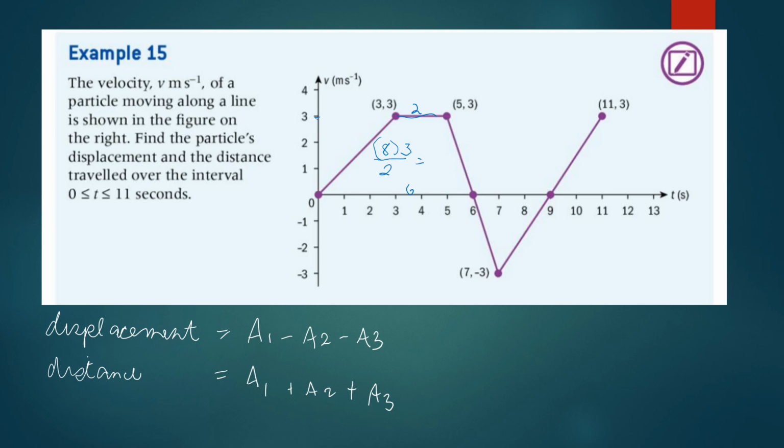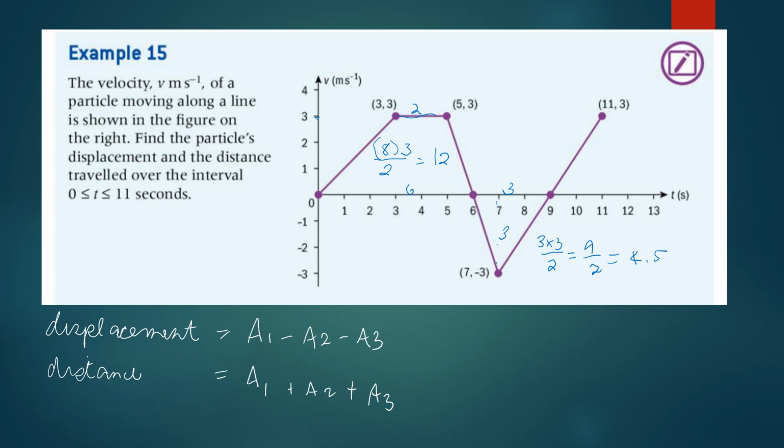So 8 times 3 divided by 2, so we have here 12. Okay, here we have a triangle, area 2, where the base is 3, and the height is 3. So 3 times 3 divided by 2 equals 9 over 2, or 4.5.